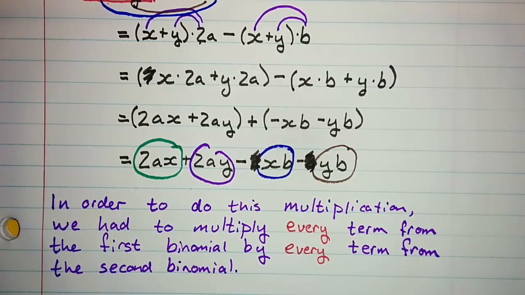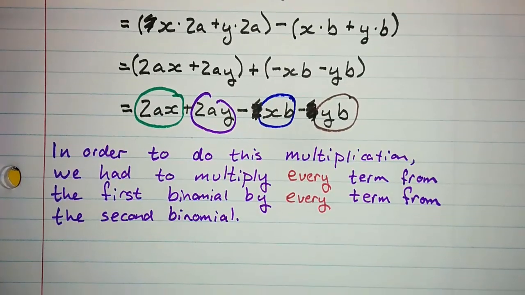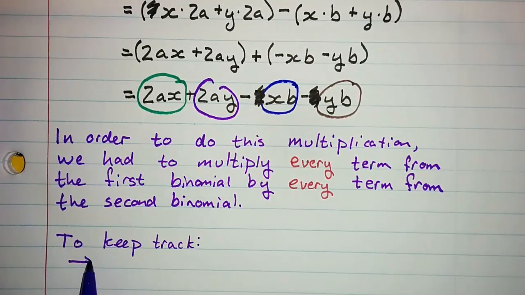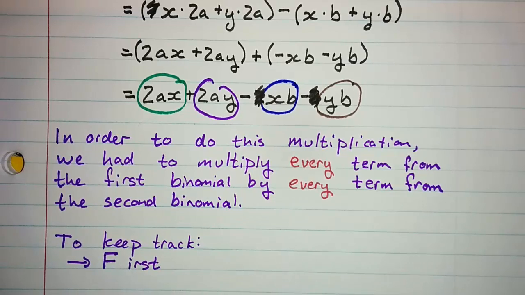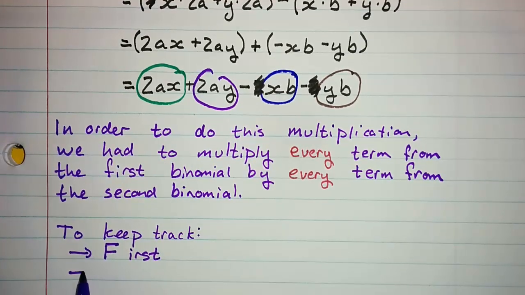Now, there is an acronym that provides us a way to keep track of those pairs when we're just dealing with two binomials. We will first multiply the first term from either binomial.